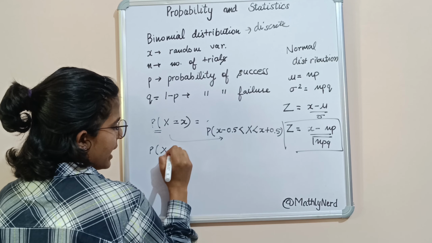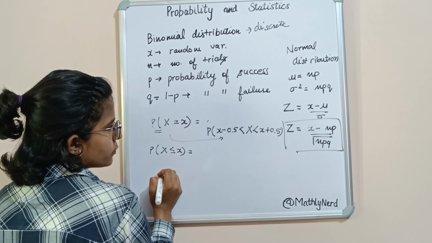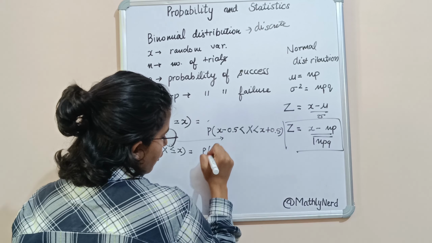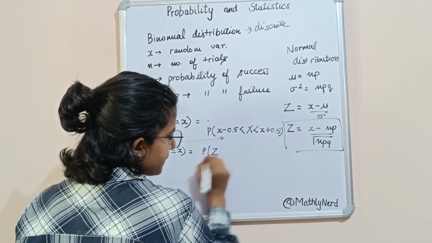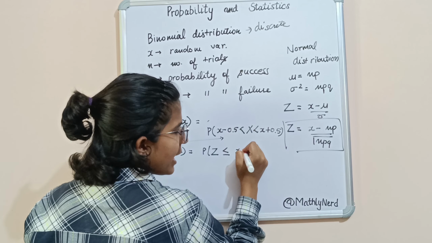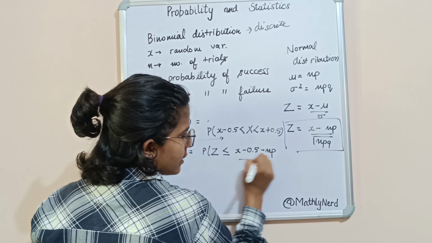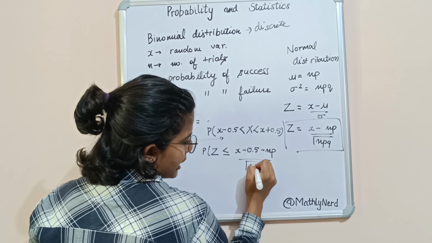If we want to find out the probability of X less than x, then this will be equal to the probability of z less than x minus 0.5 minus np divided by under root npq.